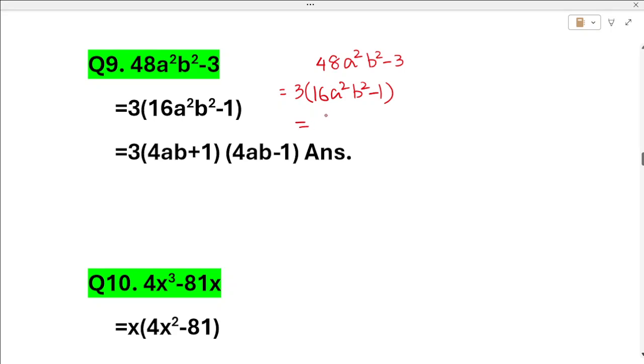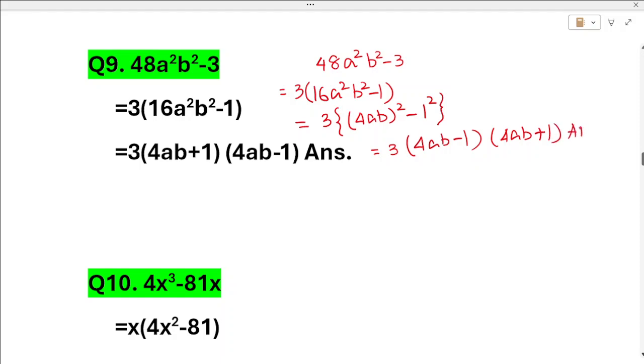Now you should express it as 4ab square minus the square of 1. Now 3, and inside a bracket ab minus 1 multiplied by ab plus 1. This is your answer. I think you got the point.